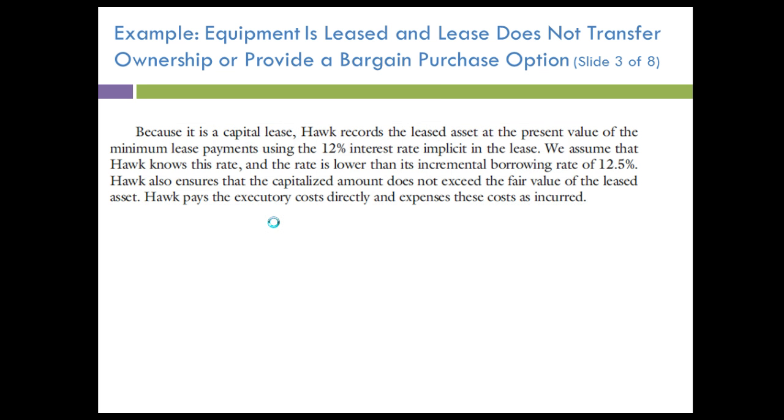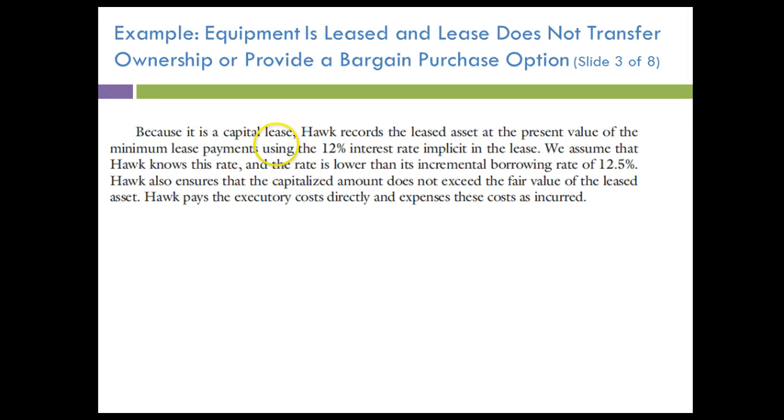So now, since it's a capital lease, Hawk is going to record the leased asset at the present value of the minimum lease payments using that 12% interest rate implicit in the lease. Now we assume Hawk knows this rate because that rate is lower than the incremental borrowing rate. Hawk also ensures that the capitalized amount does not exceed the fair value of the leased asset.